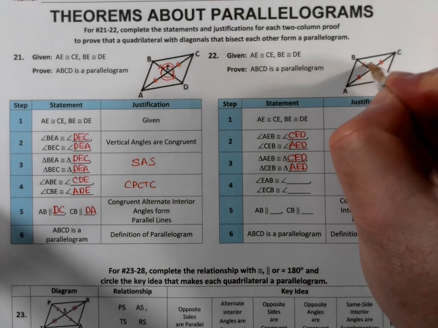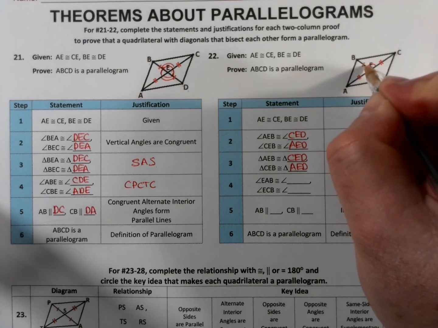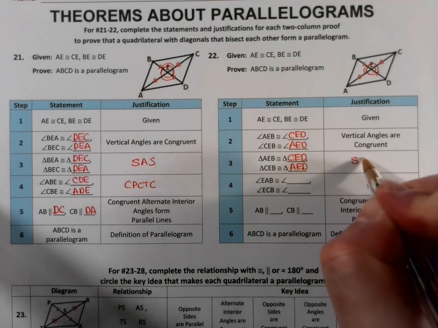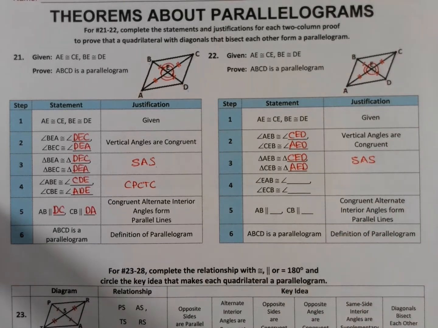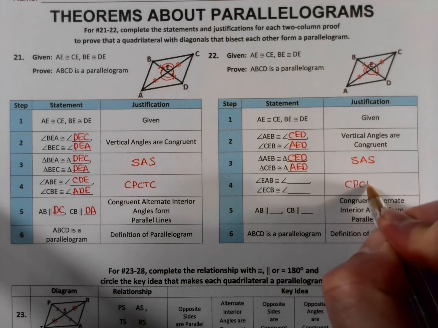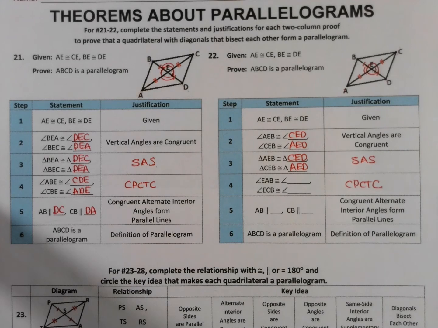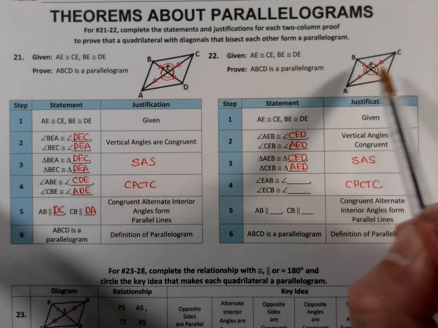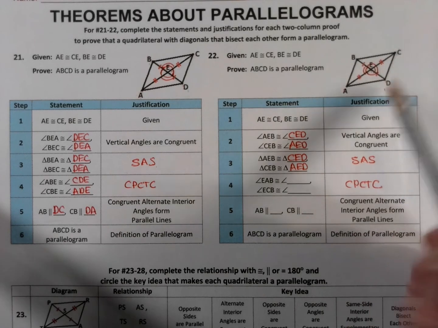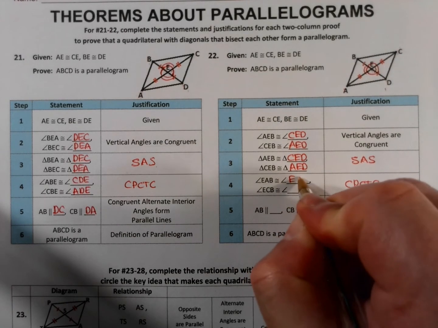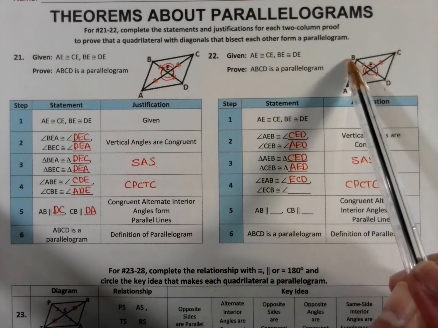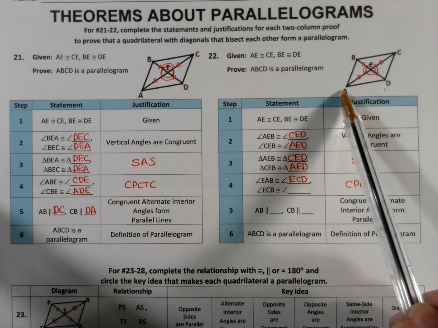So with these angles congruent, these triangles are congruent by side, angle, side. So now we have corresponding parts of congruent triangles are congruent. We have angle EAB congruent to angle ECD. We also have angle ECB congruent to angle EAD.